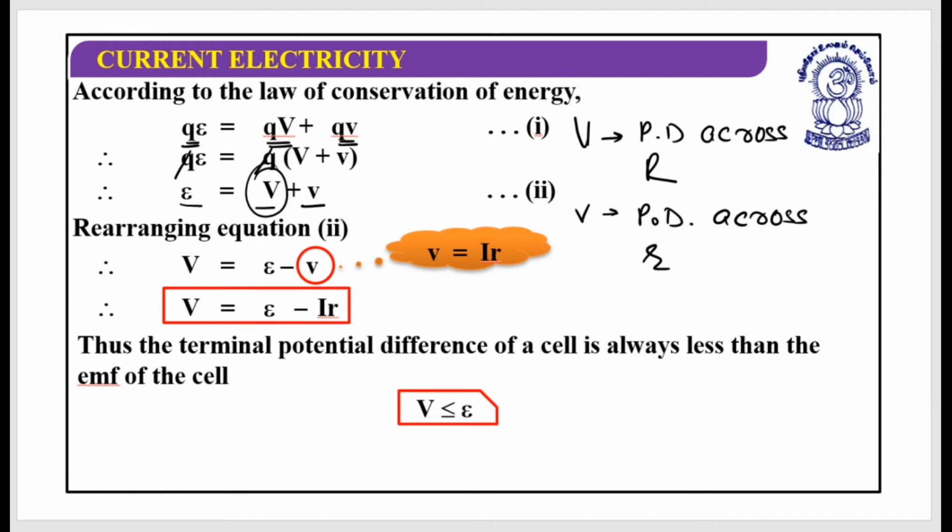Yes. So I know that small v is equal to I into r. So if I write V is equal to E minus v, I can have V equal to E minus Ir. This is the relation. If you observe this very carefully, then you might have an idea that in most cases, the terminal potential difference or terminal voltage of a cell is always less than the EMF of a cell.